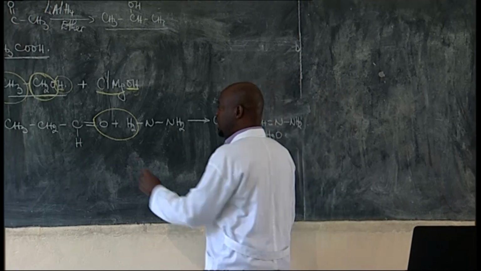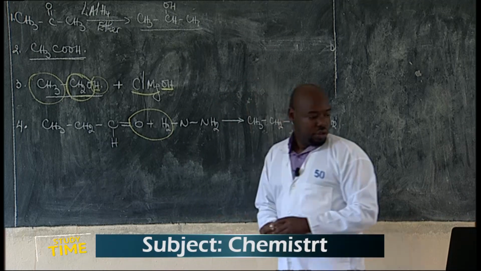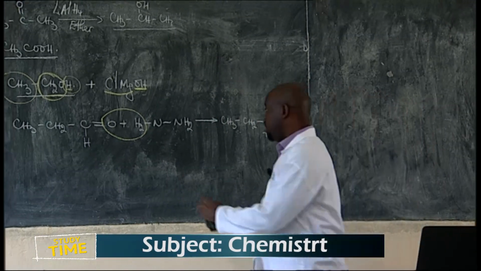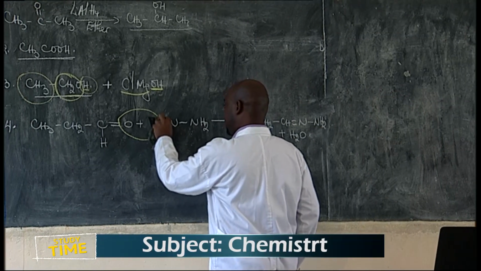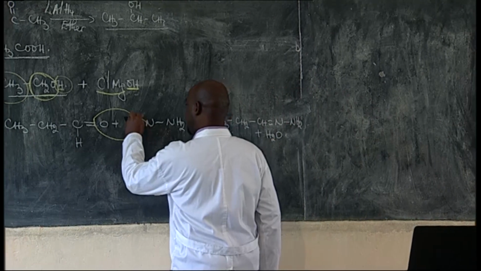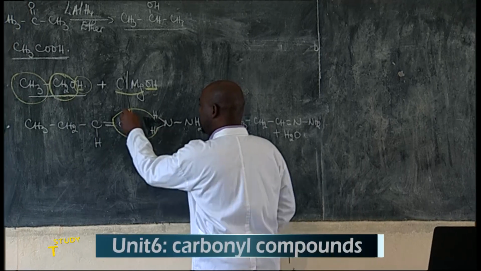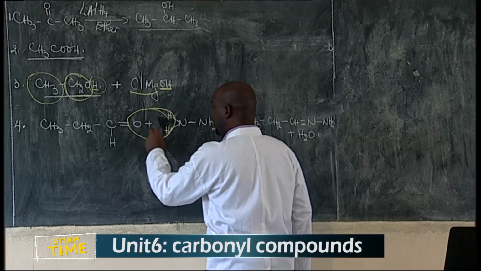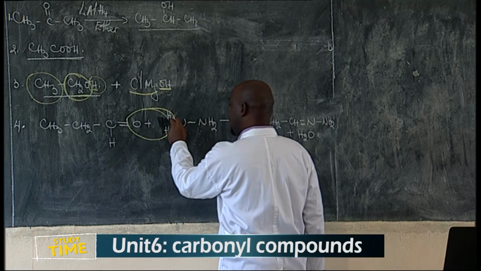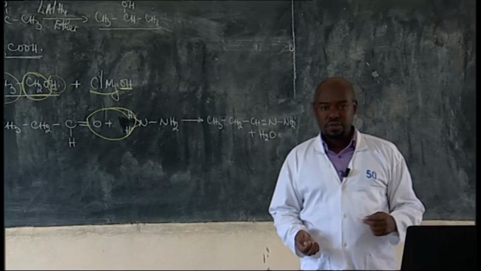Okay? So the double bond which is here will combine. Let me write it well here, because we don't have one hydrogen. So it's better if we write it like this. Hydrogen, and then the two hydrogen atoms will combine with the oxygen, while the nitrogen will combine with the carbon to give us a double bond.